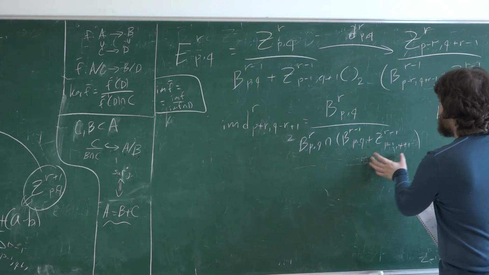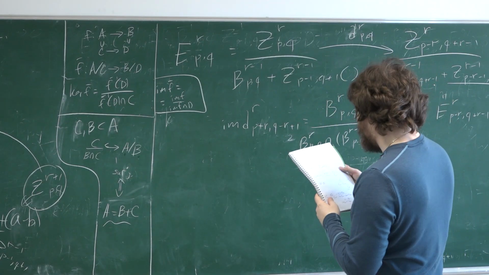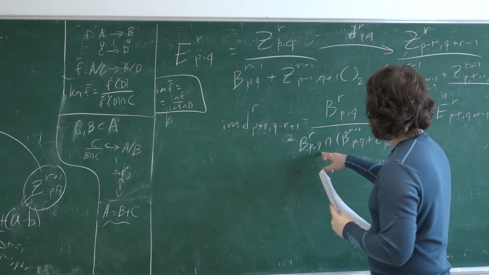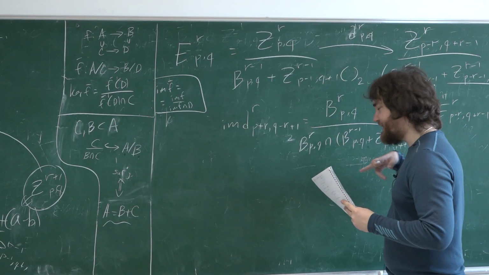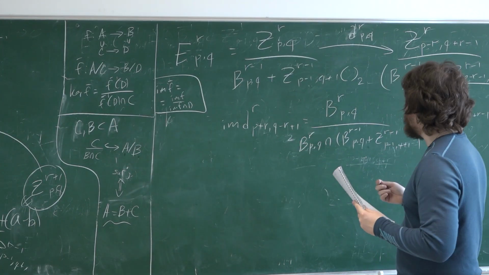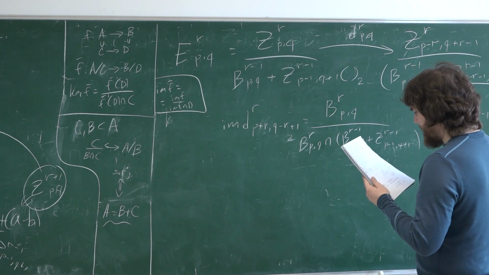No, it lies in... Oh, yes, I cleared this, but BR lies in BR minus 1. It's an increasing filtration. So this intersection is BR minus 1.